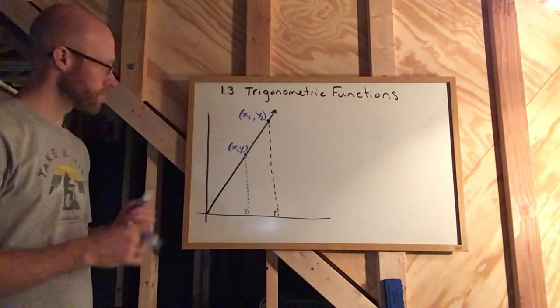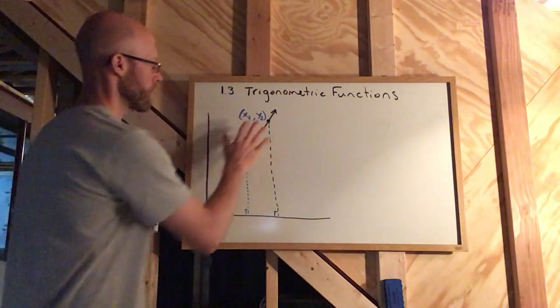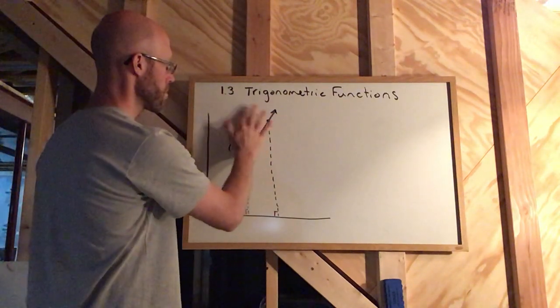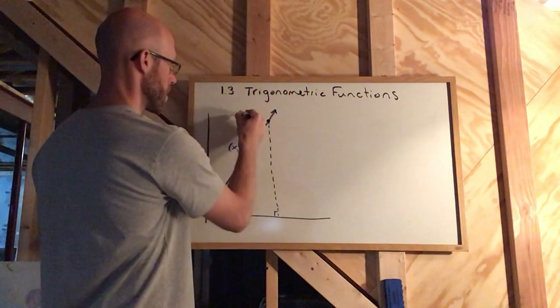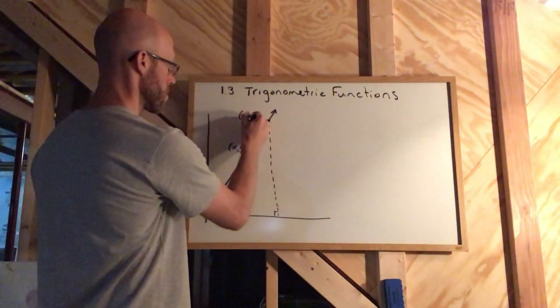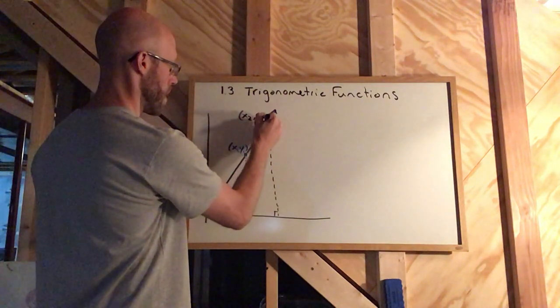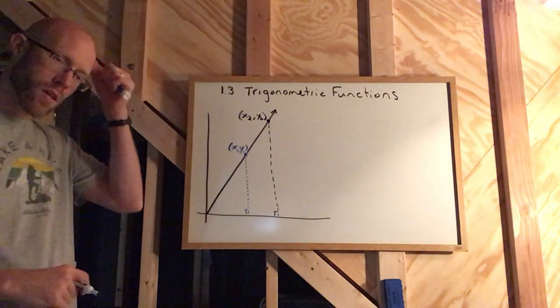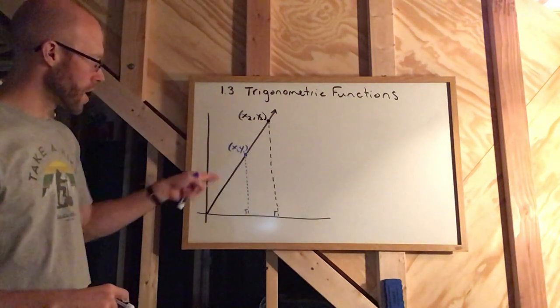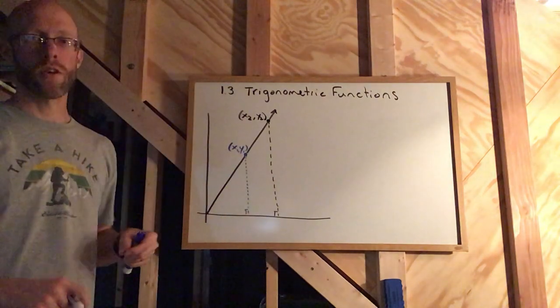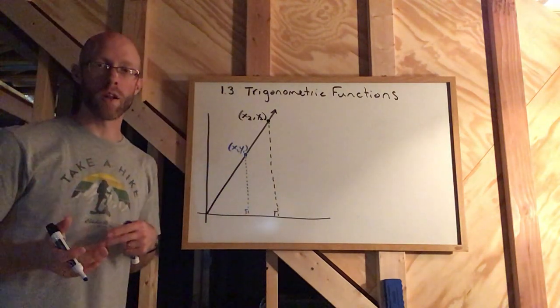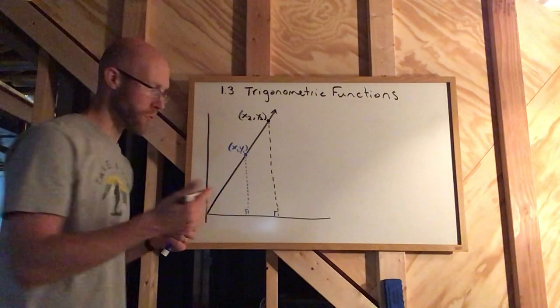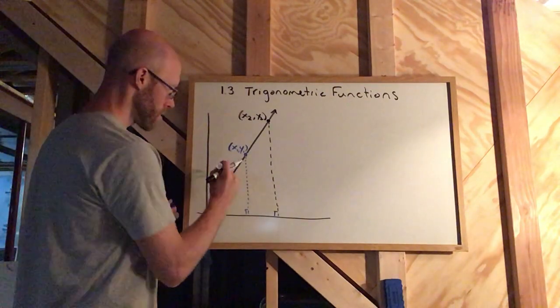Then, oops, I should have done that one in black. It bothers me to not be consistent. So x2, y2, okay? All right, and so the hypotenuse of each of these, we'll call them R1 and R2 correspondingly. Okay, so R1 is in blue here.